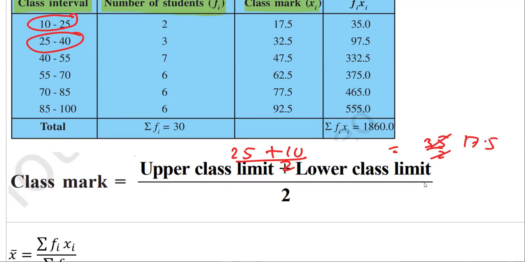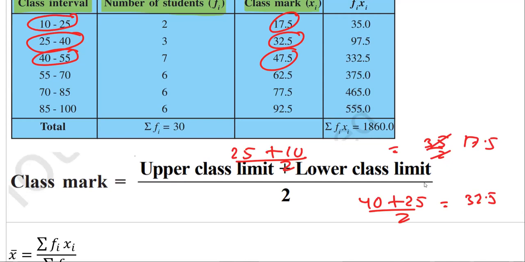Let's take one more example. It is upper limit, which is 40, plus lower limit, which is 25, divided by 2. This gives you 32.5. So you can see this is 17.5 in the first case, 32.5 in the second case. Similarly, 55 plus 40, divided by 2, will give you 47.5.